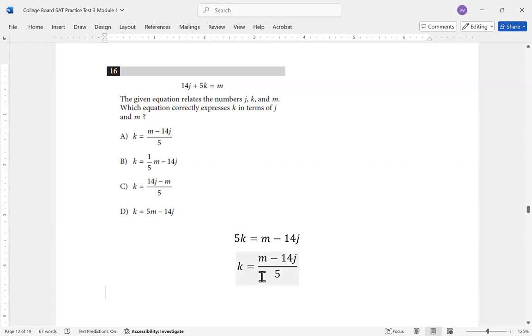I'm going to go look at my options to see which one this is. Well, this is option A. Option A is k equals the quantity m minus 14j, all divided by 5. So option A is the correct answer to question 16.